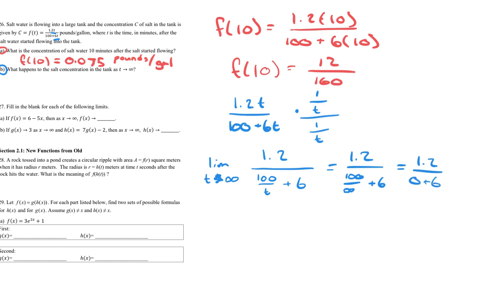So we can expect that the salt concentration as T equals infinity, or we just let it be forever, is going to be 1.2 divided by 6, which is the same thing as 0.2. So we write 0.2, and we need to include units again, pounds per gallon.